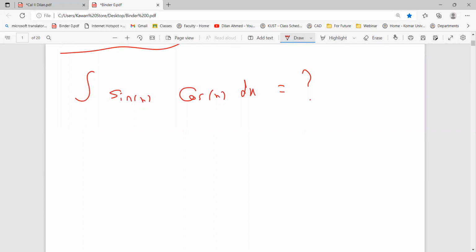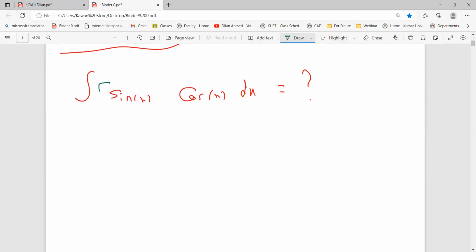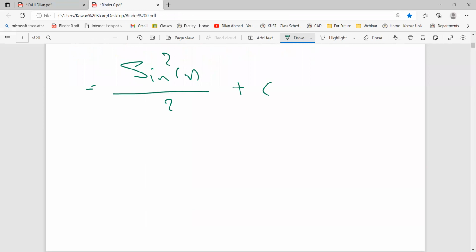Exactly. We have box, d box. This is the box in my mind. We see the derivative of sine is cosine. So here the power is 1. So I say box, d box, so sine square of x over 2 plus c.